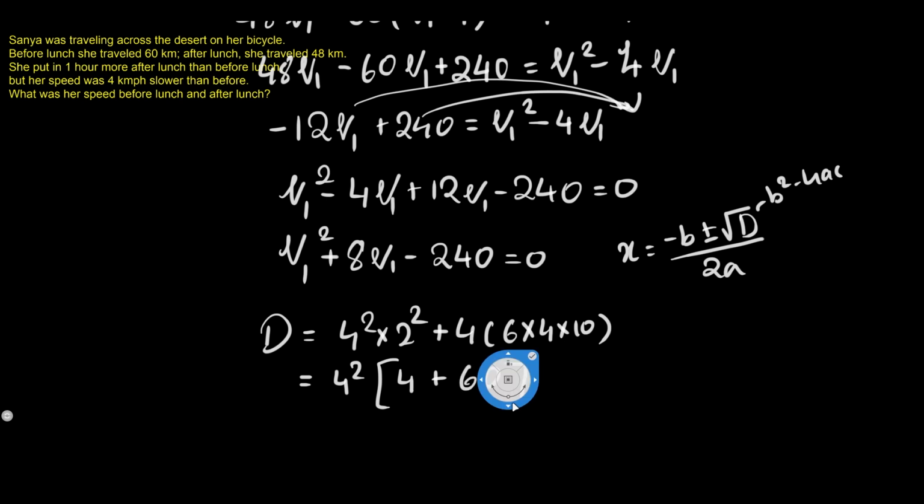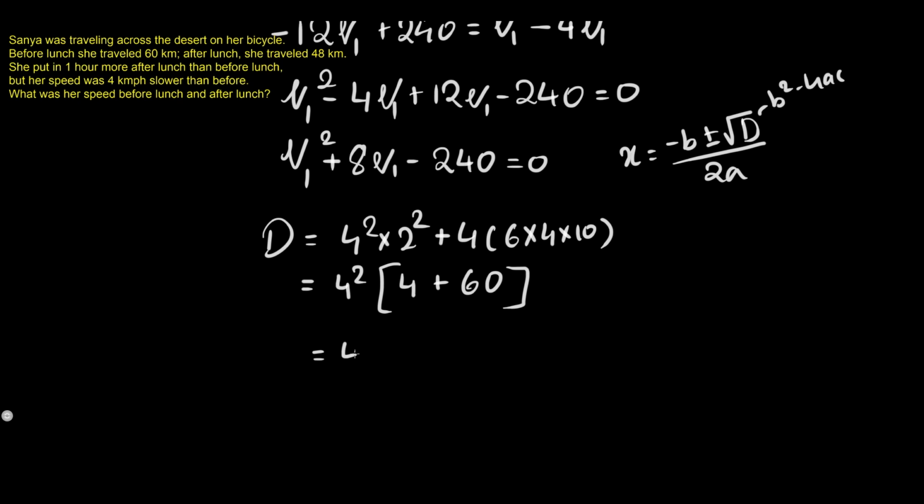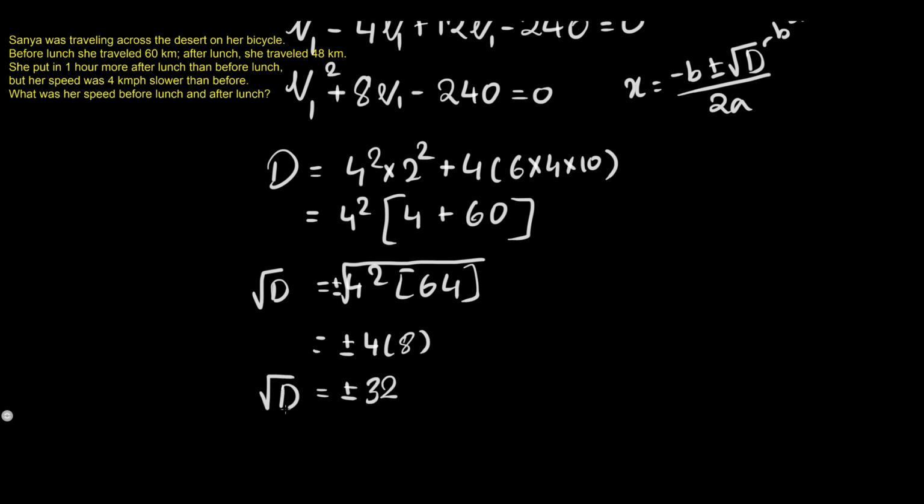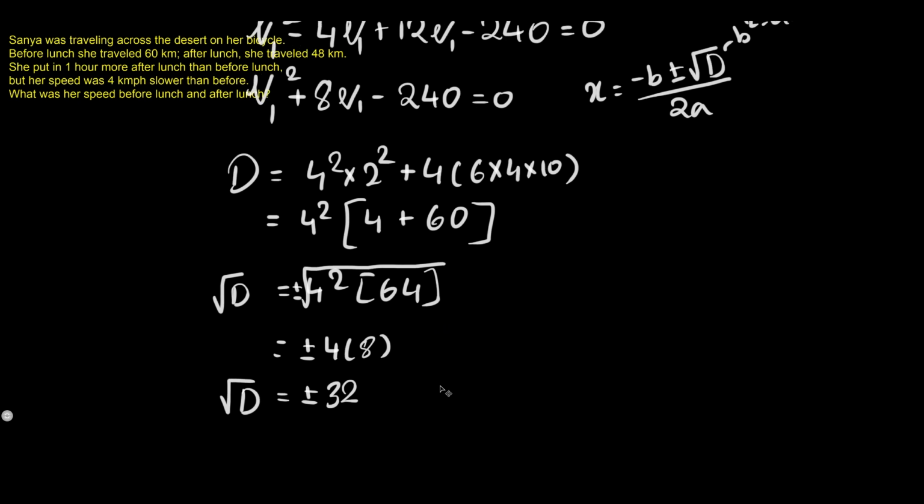And what do we see? 4 squared times 64. So if we find the root, root d, we get plus or minus 4 times 8, which is plus or minus 32. Cool. That is our root d.